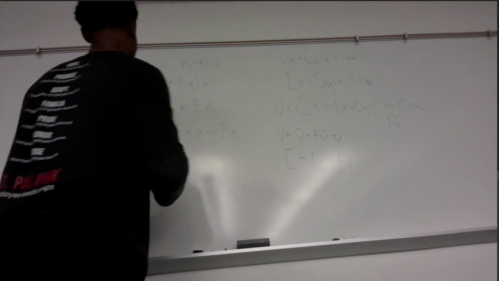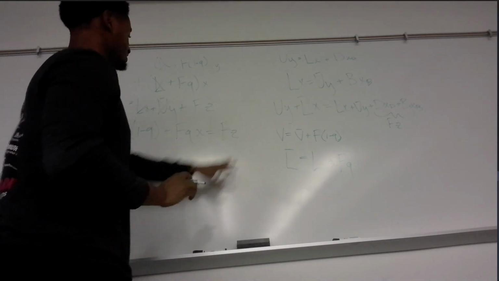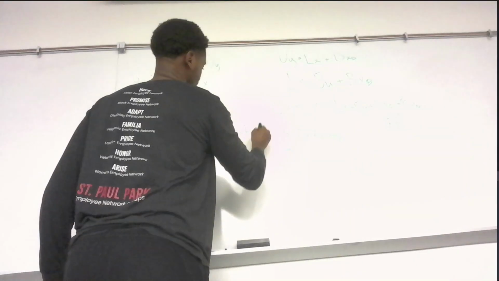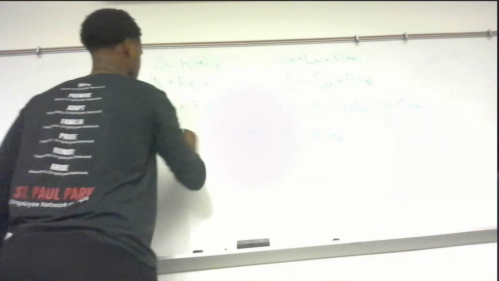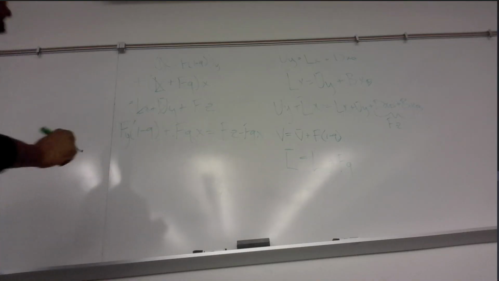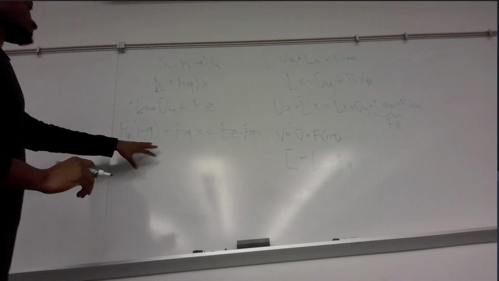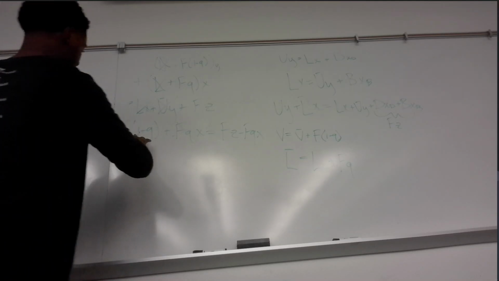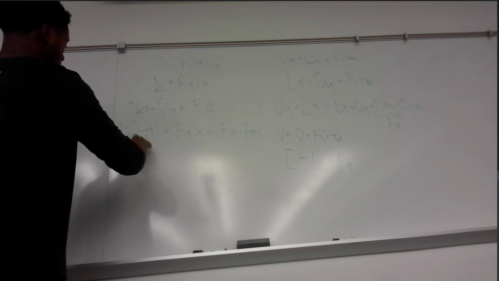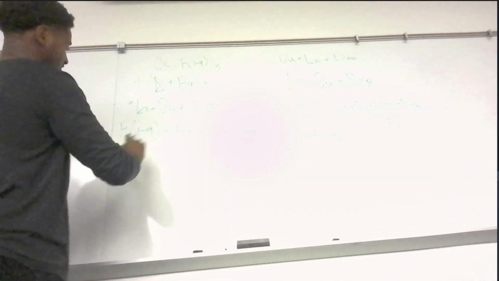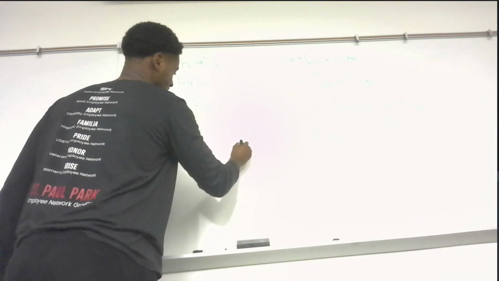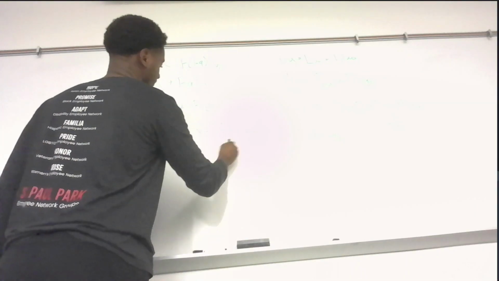And if we want to get our y by itself, we just move Fqx to the other side, and then we can divide out our F times 1 minus q, and cancel out those F's there.